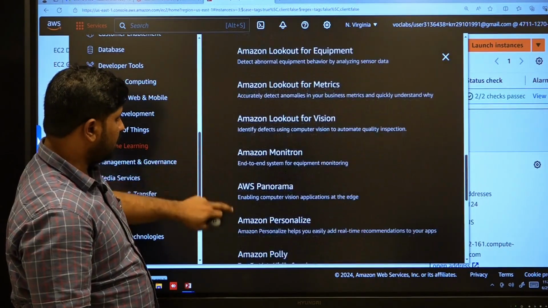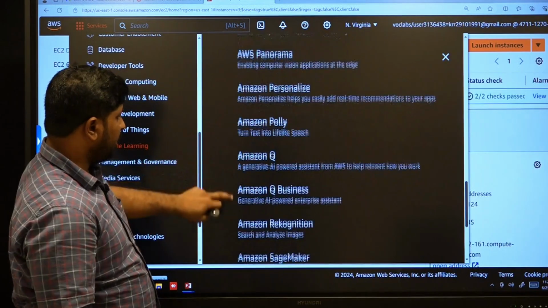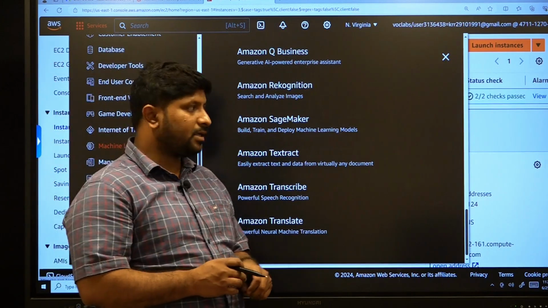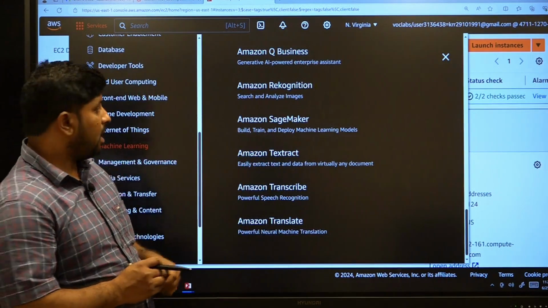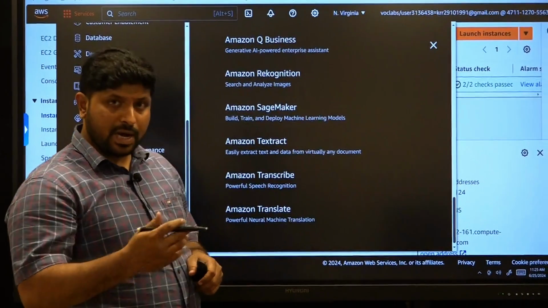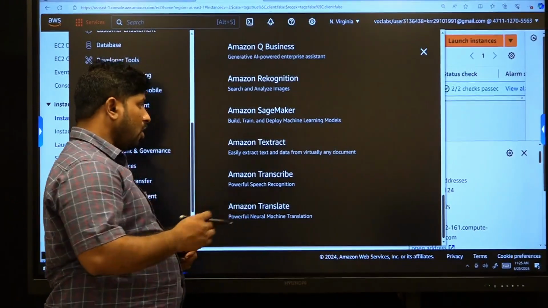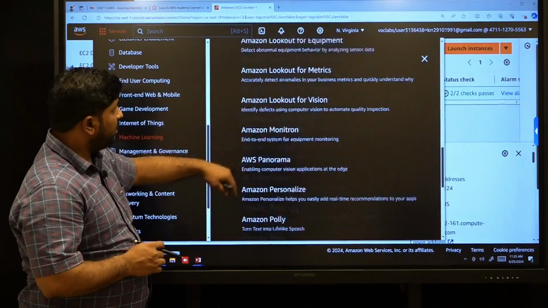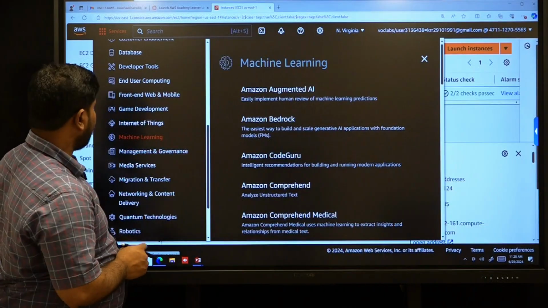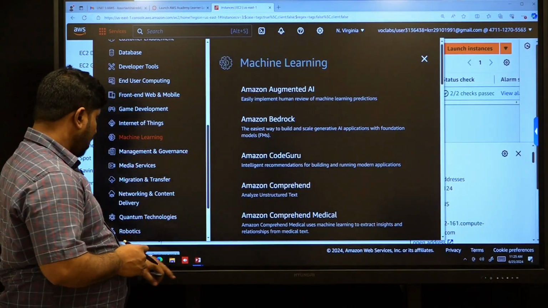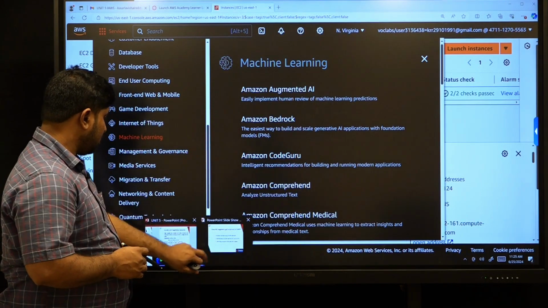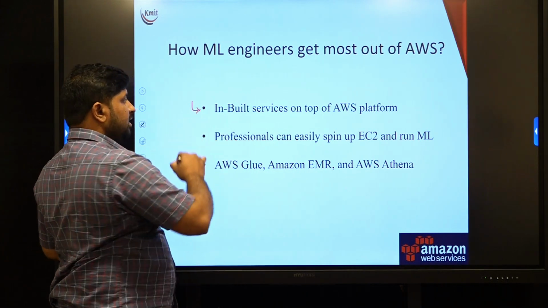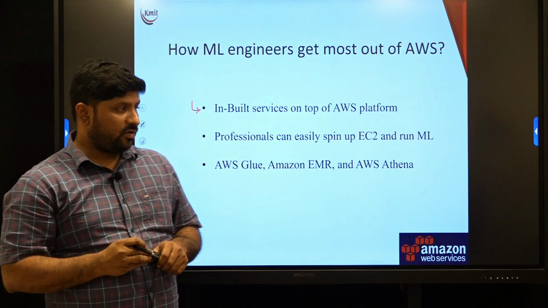All these are meant for machine learning only. But out of all these, the most recognized is Amazon SageMaker, as it provides the ability to generate, build, train and deploy all of your machine learning models. So we do have multiple machine learning services. This is how machine learning engineers can benefit from the inbuilt services on top of the AWS platform.